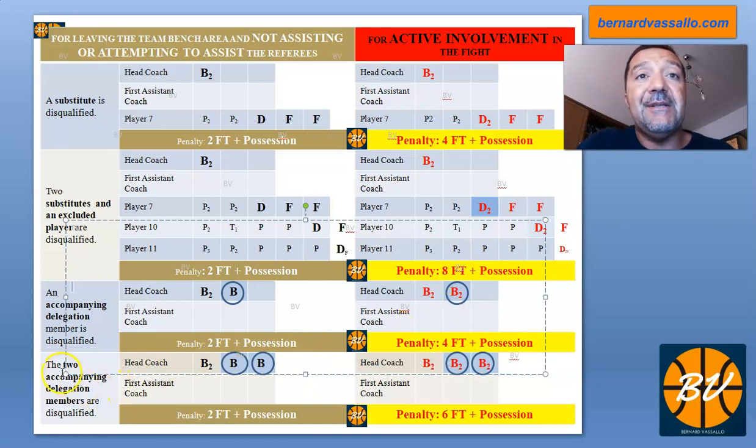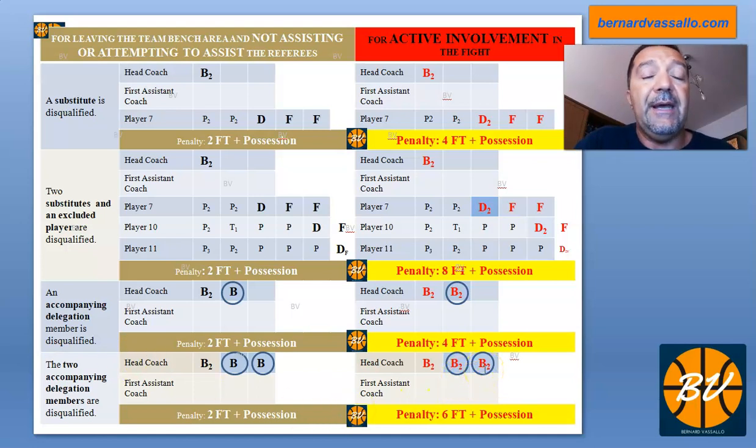The same thing happens if we have 2 delegation members who enter onto the court and actively involve themselves in the fight. Again, each one of them is disqualified. Each one's respective disqualification is shown as a B2 in the head coach's row.